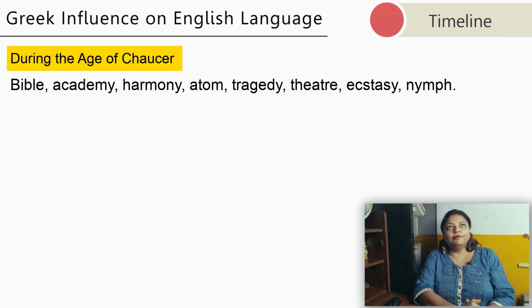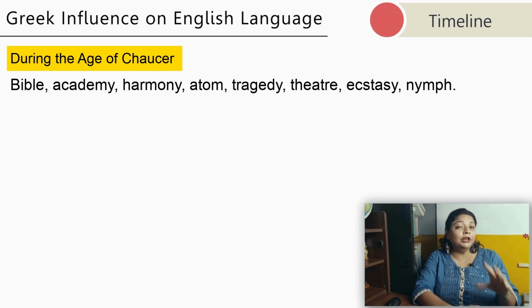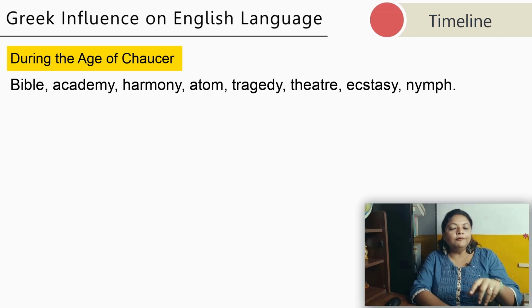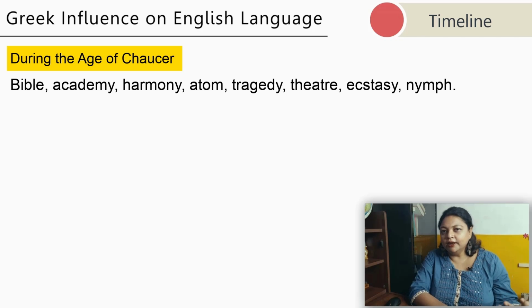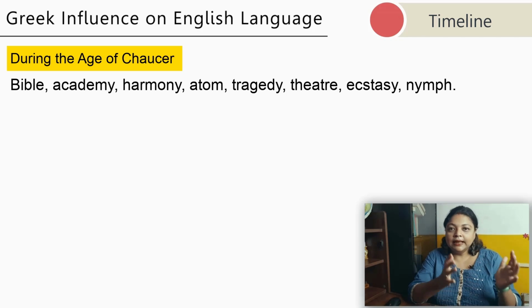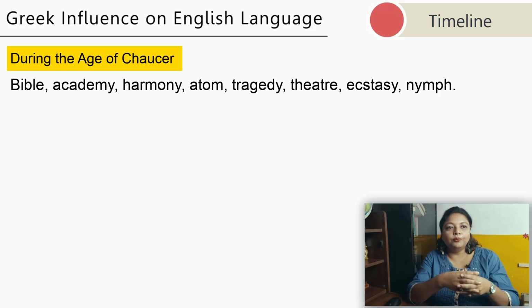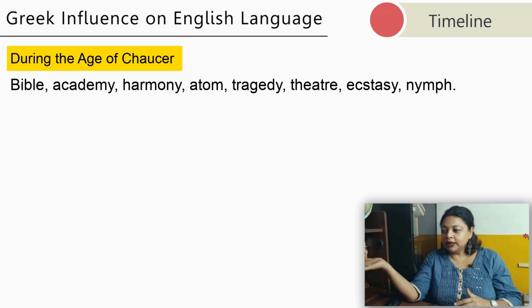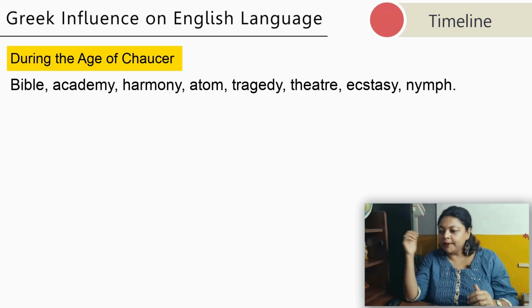Bible of course is very relevant here because the Middle Ages was a time when Christianity was gaining its control over the whole of England. Therefore words pertaining to Christianity, as we have also seen in the case of Latin influence, were taken wholly from French, Latin, and in this case Greek. All right, so let's look at some other words here.